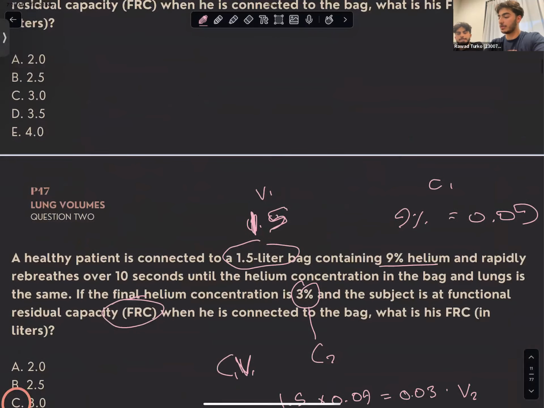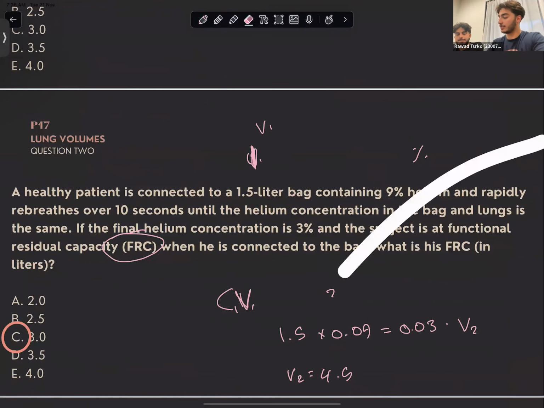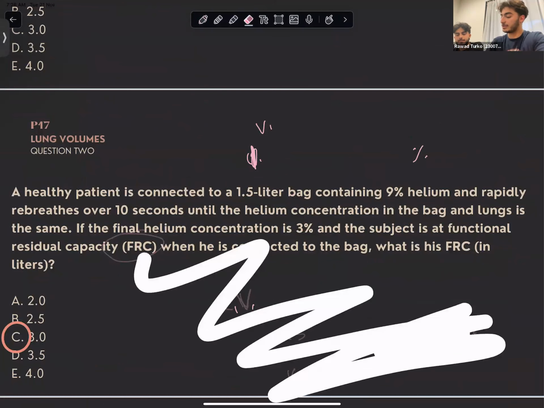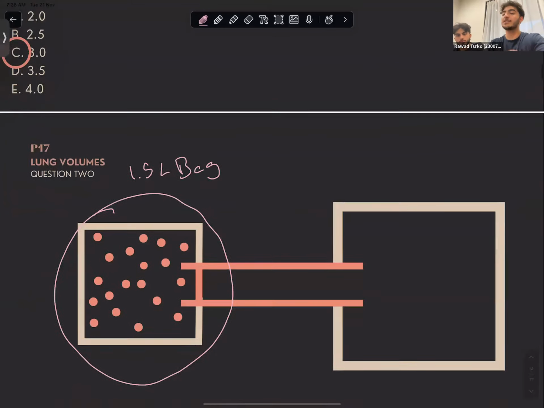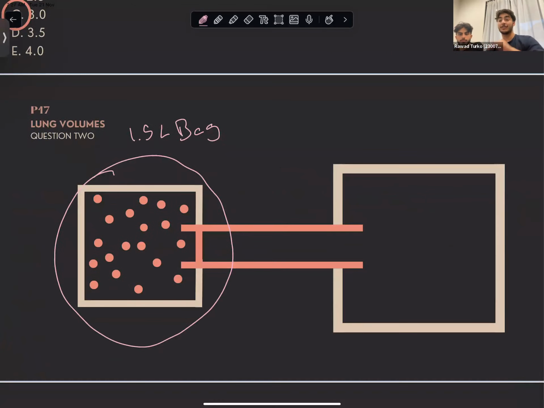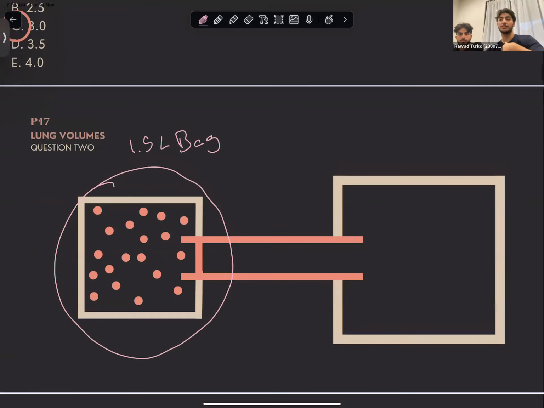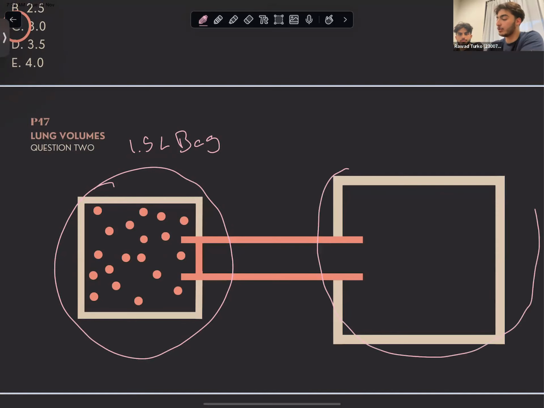That's where you have your helium as of now. This is before you open it up to the lungs. We're trying to get this volume right here, and only this volume. This is your FRC.